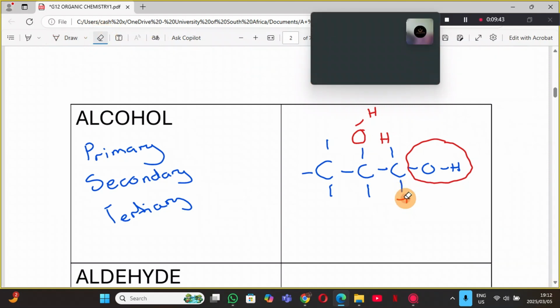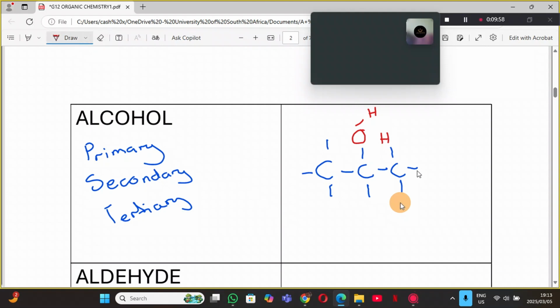Wait, so if you were to add another C, let's say, to the left, then would it be a tertiary thing? Yes, it would. Oh, so it's just based on where the OH is. The OH is, yes. So if I now have an H this side, right, an H there, and then I now have maybe another C here which has its H's, right? This carbon is now related to 3, right? It's now tertiary.